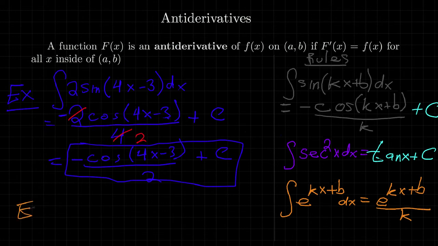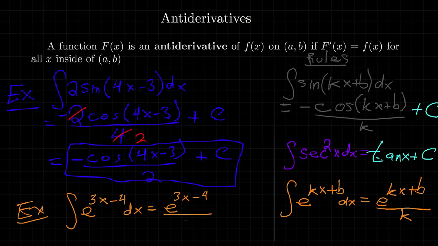So for example, the integral of e to the 3x minus 4 dx is equal to itself, e to the 3x minus 4, but then all over 3. And so those are the basics, and there are a few more, but those are the main ones for now.